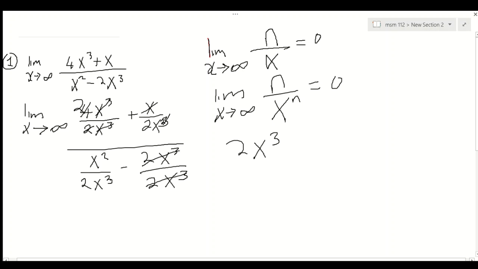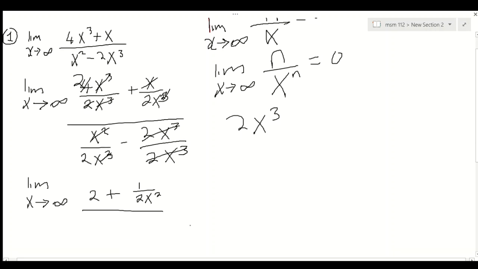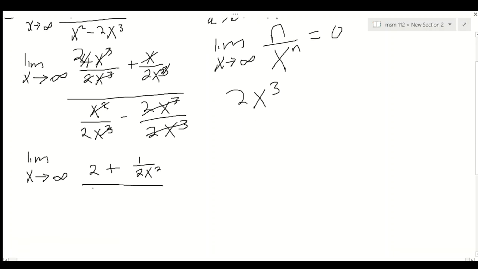We are going to remain with something like this: limit as x approaches positive infinity of 2 plus 1 over 2x squared, divided by 1 over 2x plus 1, like this.